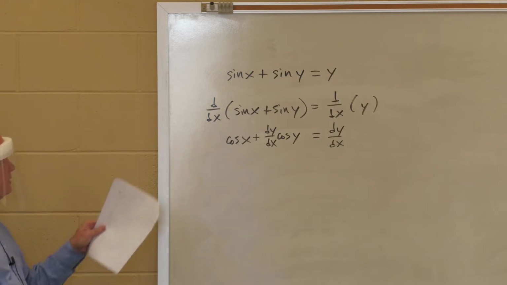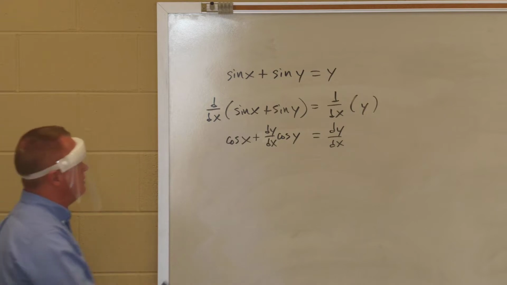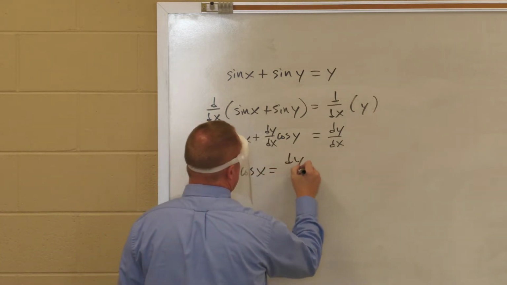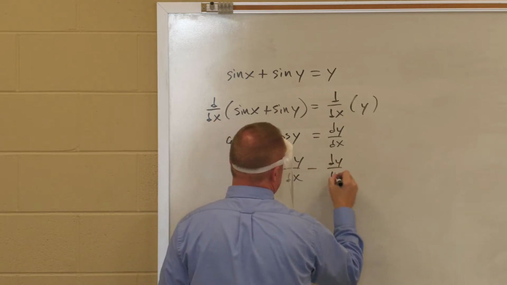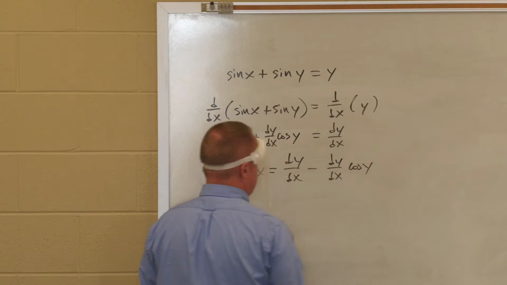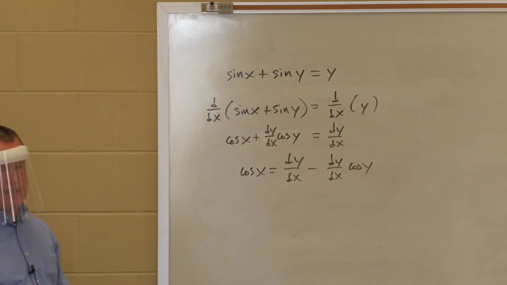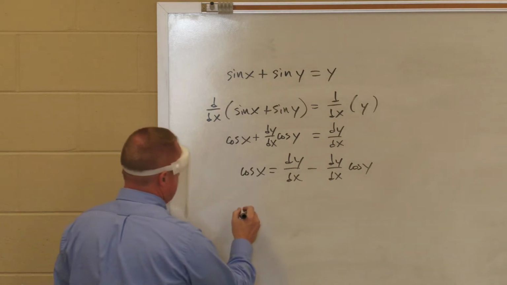What I do on this one, I think, is subtract the dy dx cosine y from both sides. So I would have cosine x equals dy dx minus dy dx cosine y. So I got all the dy dx's together on one side, everything else on the other. Factor out the dy dx.